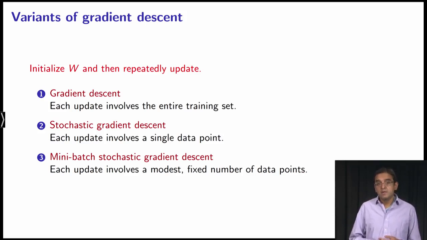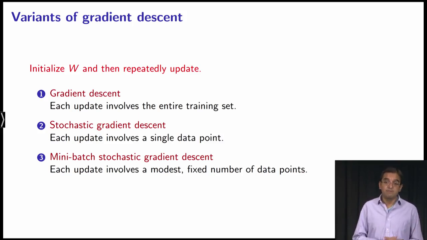All three variants are based on using the derivative of the loss with respect to w. In gradient descent, each individual update involves using the entire data set. This can be impractical if the data set is enormous, as it frequently is in the case of neural networks.